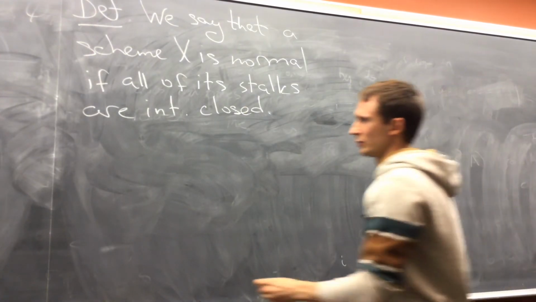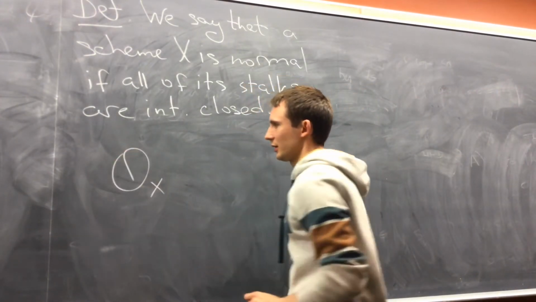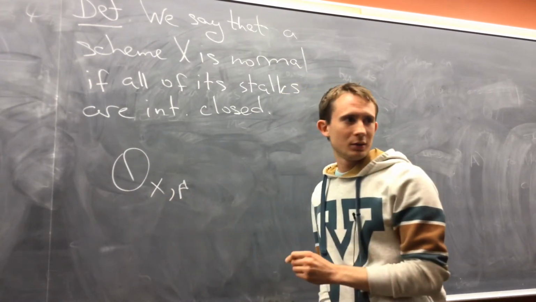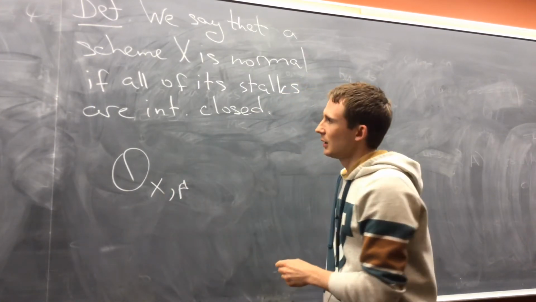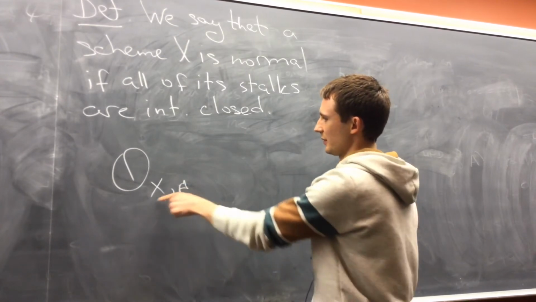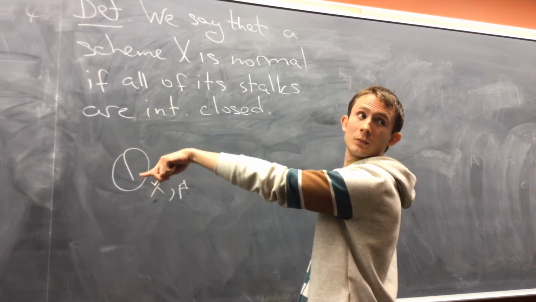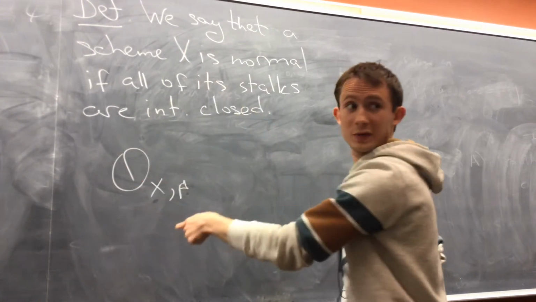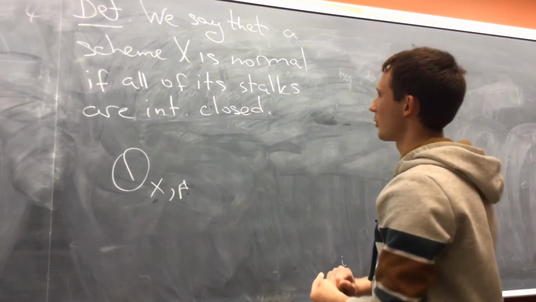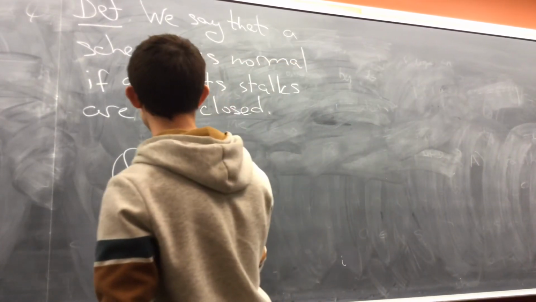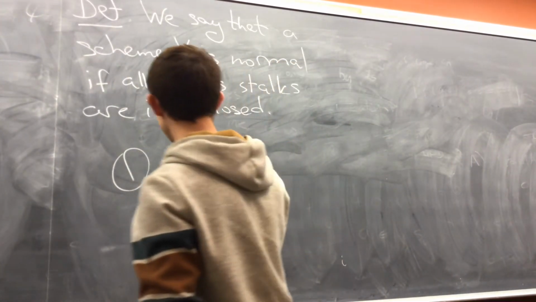In other words, here's my structure sheaf, localize at P, some prime ideal, some element inside X, and I expect this to be integrally closed. If this is true for all of them, then I have the normality condition. All right, so this is a stalk. Is this a local property?